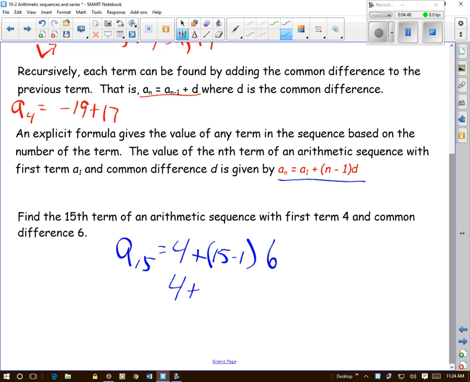So 4 plus, let's see, 14 times 6 would be 84. Very good. So we know the 15th term would be 88. And we didn't have to find the second term, the third term, the fourth term, all the way up to the 14th to be able to get term number 15. Okay, so that's a very important formula: a sub n equals a1 plus n minus 1 times d.